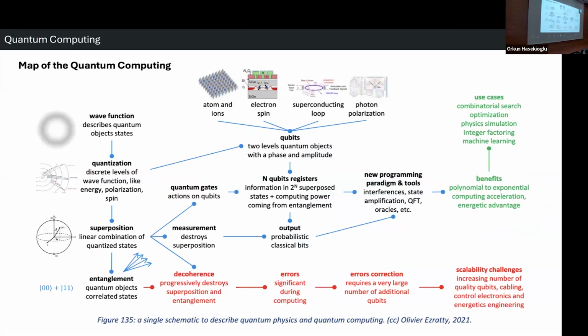By the way, this is a very good book for a regular audience, not specialized in physics or in a different branch of physics. This Oliver Ezratty is a kind of science communicator. This is a very extended book, updated last year around this time.